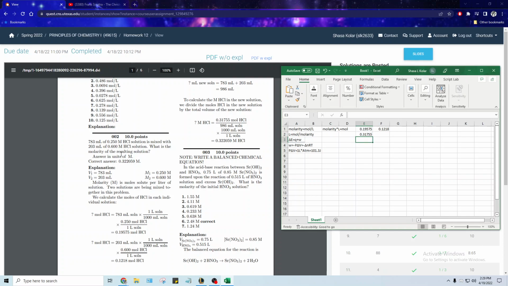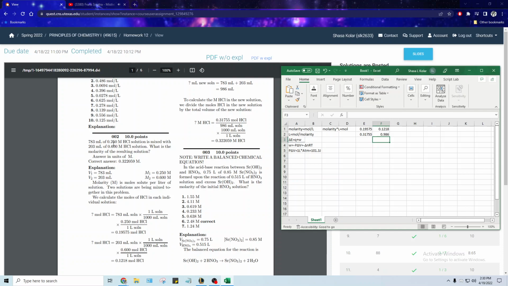Now we want to know the molarity of the solution that combining these makes. So we're just going to add these two volume numbers together. So we add 0.783 liters plus 0.203 liters. The reason we're doing this is that we're mixing these two solutions, and we want to know what their molarity is. The final number of liters is just going to be these two added together.